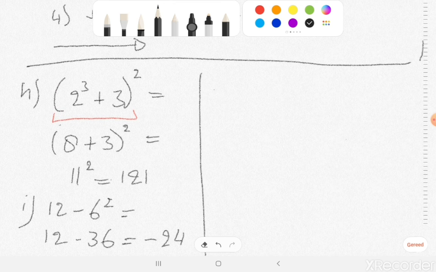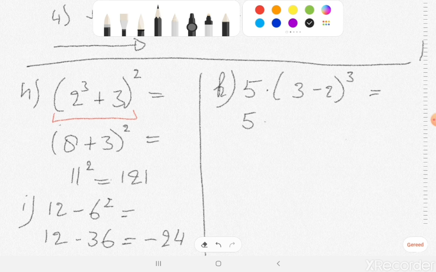And then K. Exercise K is 5 times, inside the bracket, 3 minus 2, and then to the power of 3. The brackets are the first step, so 5 times, that's what I'm going to copy. 3 minus 2 is 1, and to the power of 3.